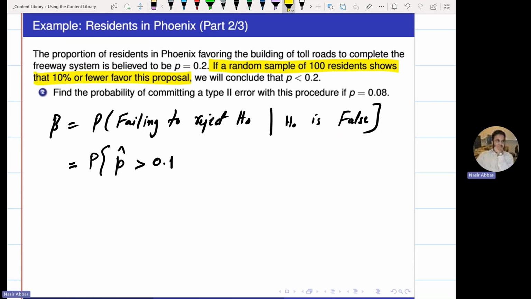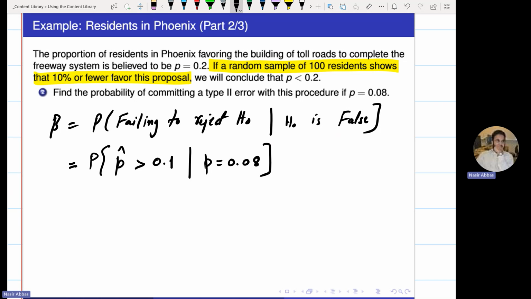This is the rejection region. The statement gives you the rejection region. I took the complement of the rejection region, failing to reject H0, given what situation? H0 is false. What is the false value of P which is given to us? It is less than 20%, but what specific value is given to us? 8% is given to us.